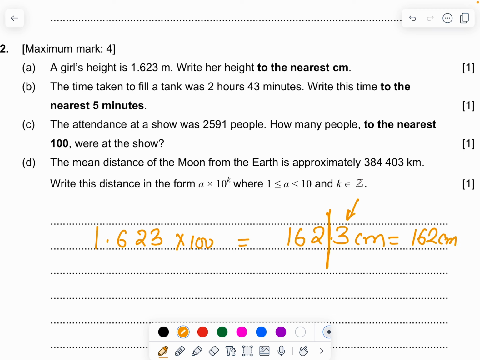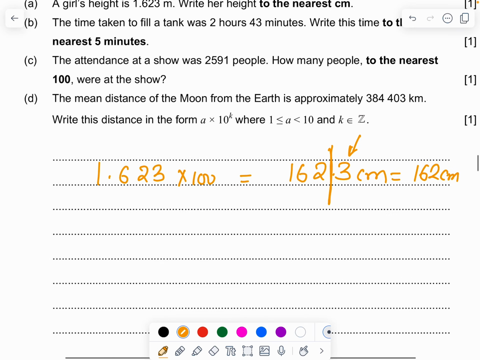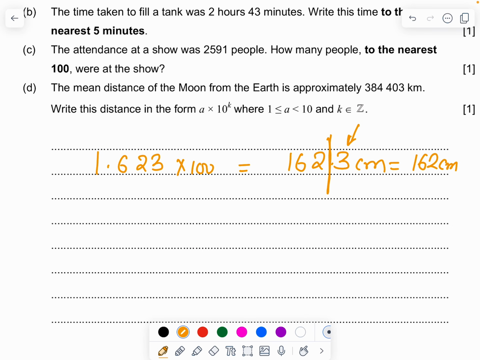The time taken to fill the tank was 2 hours 43 minutes. What is the time to the nearest 5 minutes? You know that 43 minutes is between 40 minutes and 45 minutes, which is nearer to 45 minutes. So I'm going to write it as 2 hours 45 minutes.